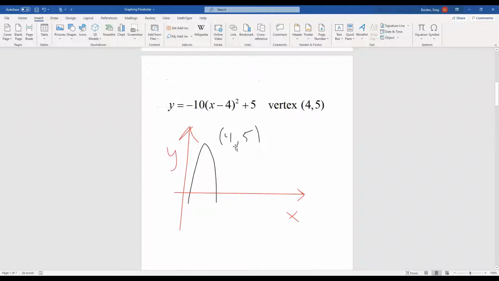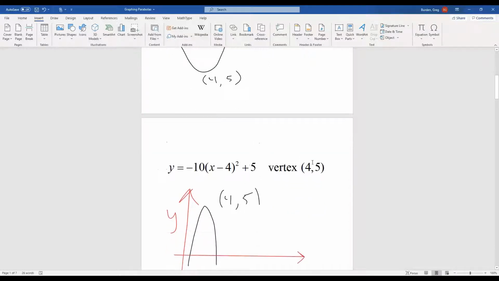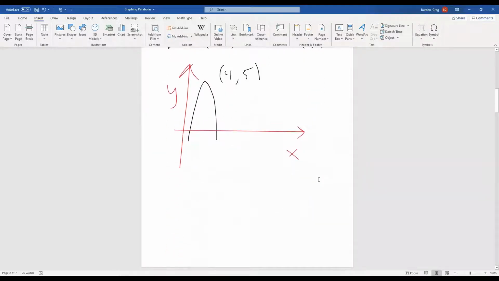Also, the 10 has the effect of what we call a vertical stretch. So if you're comparing it to this one, it's going to be taller, so to speak. That's just a manner of speaking because, well, is it really taller if it's infinitely tall?